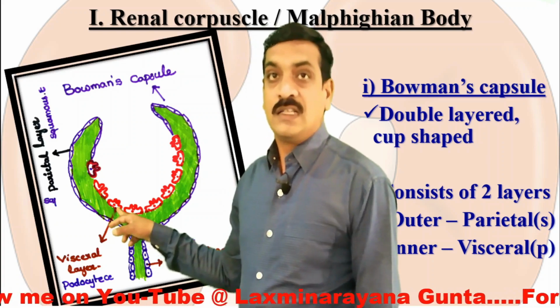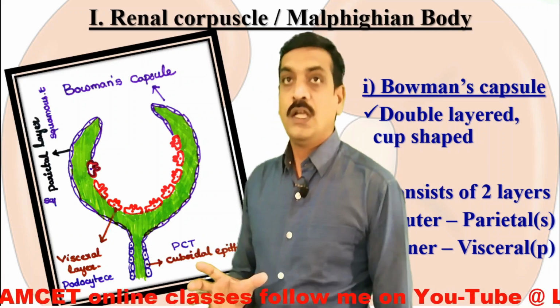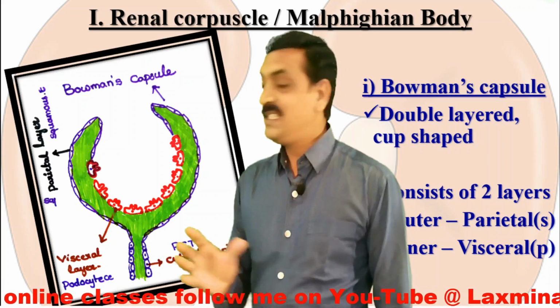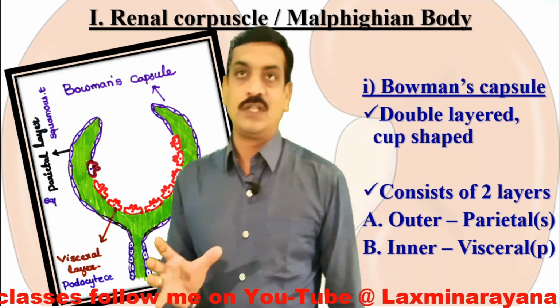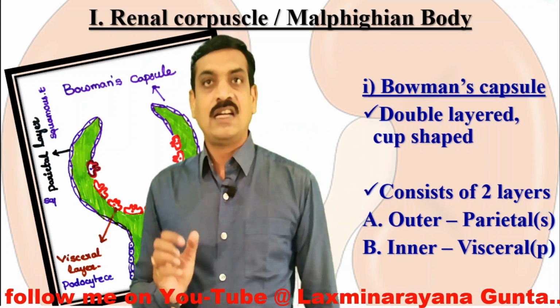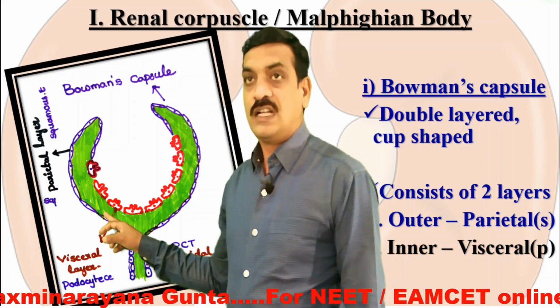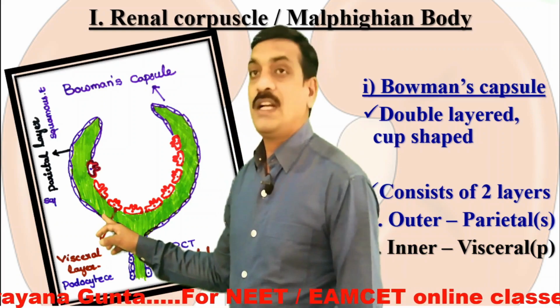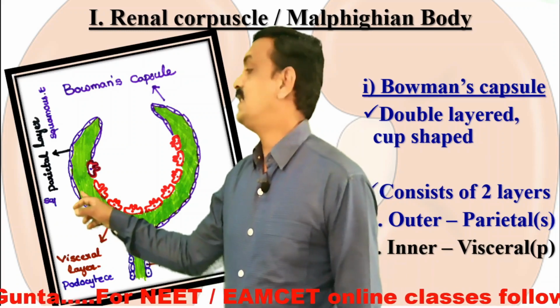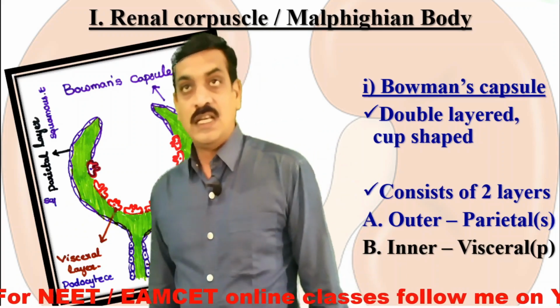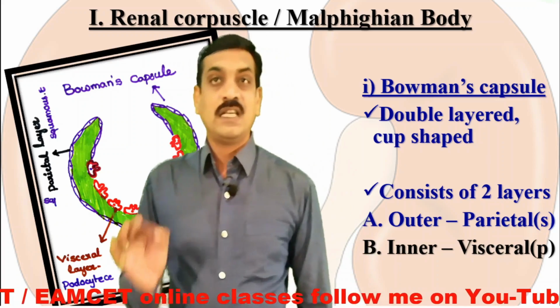Why are they called podocytes? Podo means foot and cyte means cell. These cells are foot shaped structures. Whereas the outer parietal layer is made up of a single layered, simple squamous epithelium.